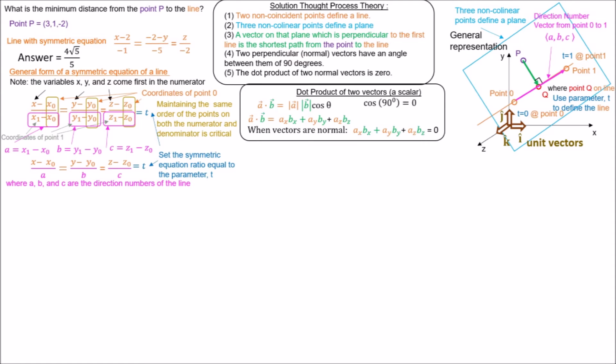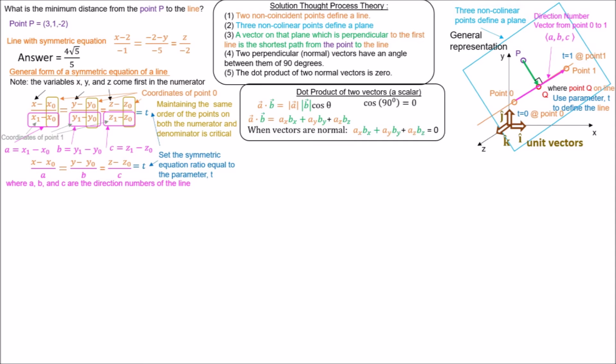So back on the graph, when t is 0, I'm at P0, and when t is 1, I'm at P1. When t is going from 0 to 1, I'm on that line somewhere between P0 and P1. When t is greater than 1, then I'm farther to the right than P1 on that orange line. And when t is less than 0, then I'm to the left of P0 on that orange line as it extends.